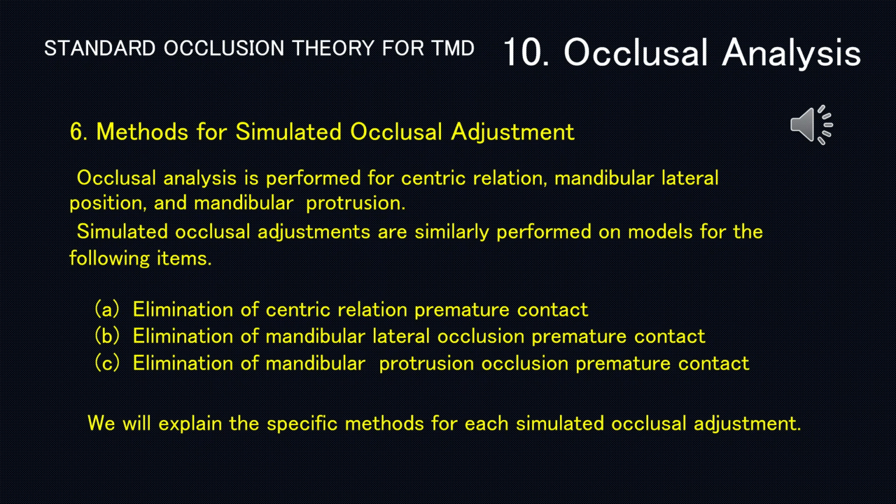A. Elimination of centric relation premature contact. B. Elimination of mandibular lateral occlusion premature contact. C. Elimination of mandibular protrusion occlusion premature contact. We will explain the specific methods for each simulated occlusal adjustment.